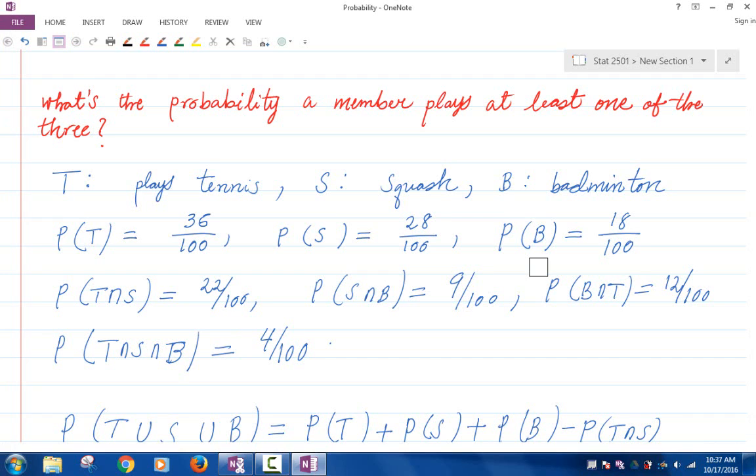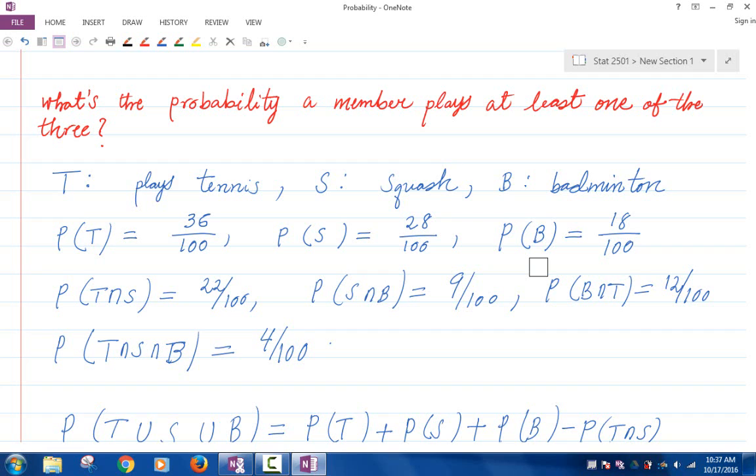And notice also that it is given in the question that the number of members who play both tennis and squash is 22. The number of people who play both squash and badminton is 9. And the number of members who play both tennis and badminton is 12.